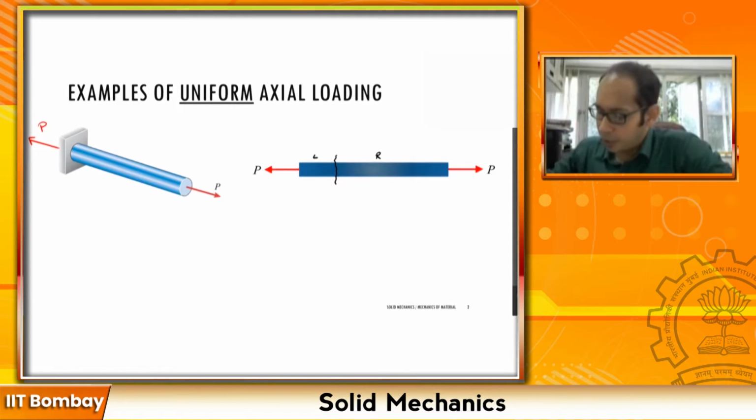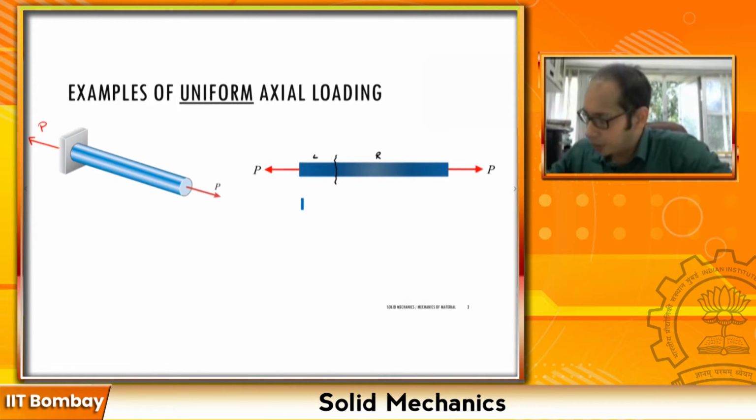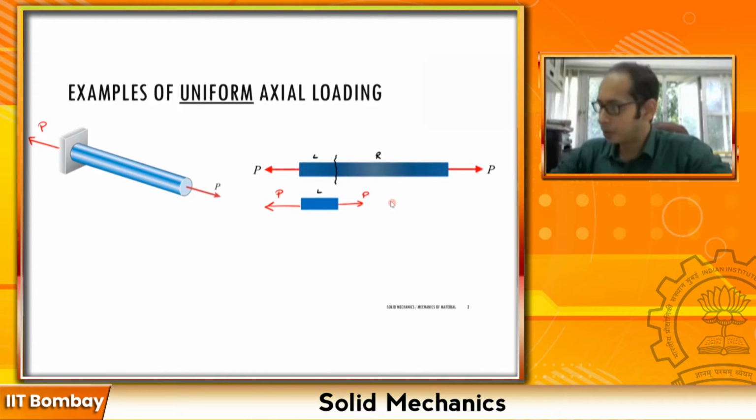If I draw the free body diagram of the left end, I have the force P on the left side. To balance it, at the section where I have cut, I must have an equal and opposite force P.